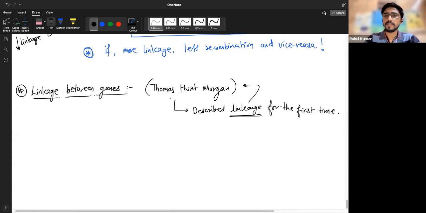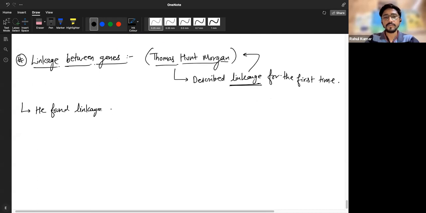So T.H. Morgan thought, let me do the same kind of process in some other organism. He used a model organism, and he found linkage in Drosophila. You know what is a Drosophila?